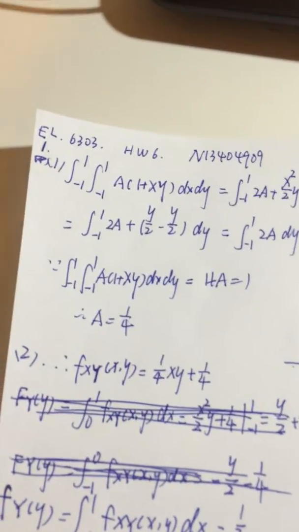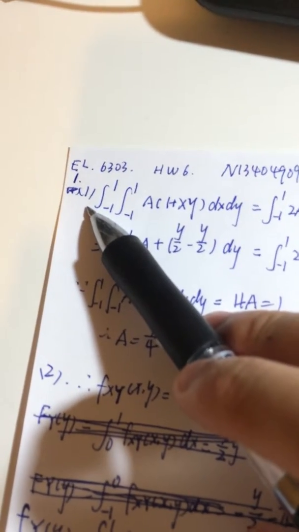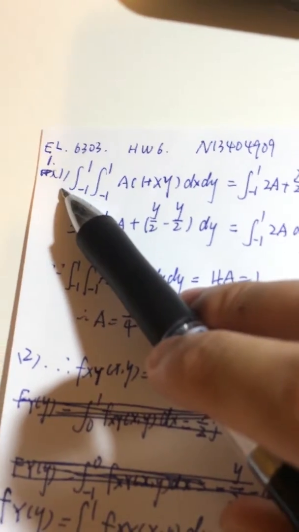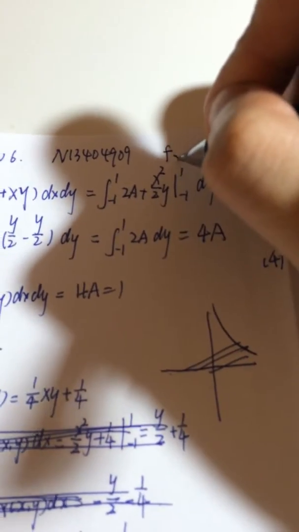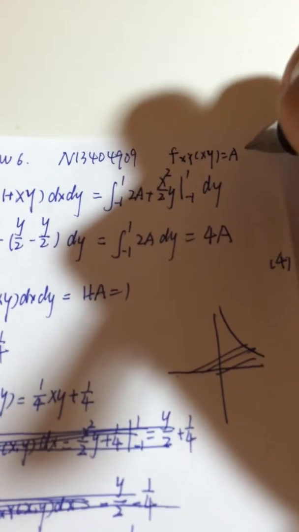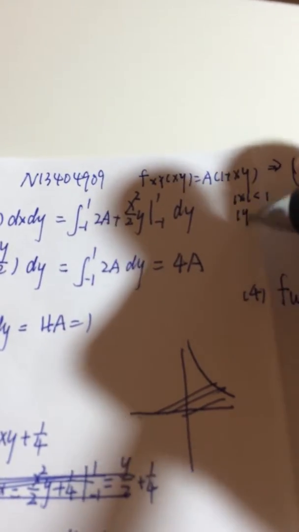The first question is to find the a that makes it a valid joint density function. You can see the original function is like this, and we know the domain of x and y.